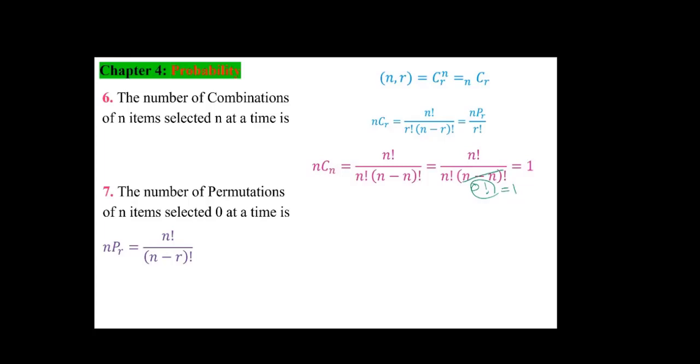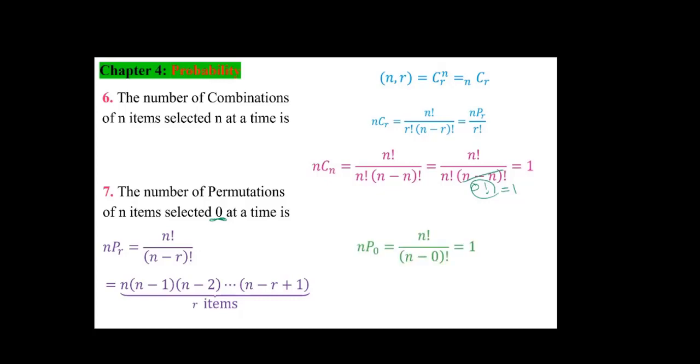For this question, where the number of permutations of n items selected 0 at a time is asked, that means the r value is 0, n factorial over n minus r factorial. What it means is n times n minus 1 times n minus 2 all the way to n minus r plus 1. If you do that, you get n factorial over n factorial, which results in 1 again.